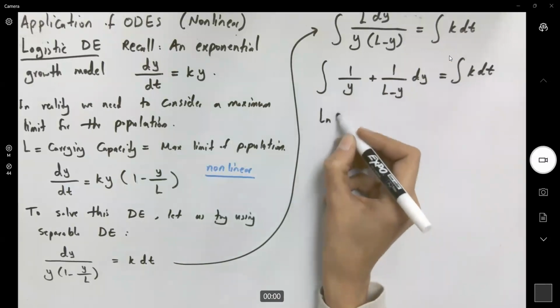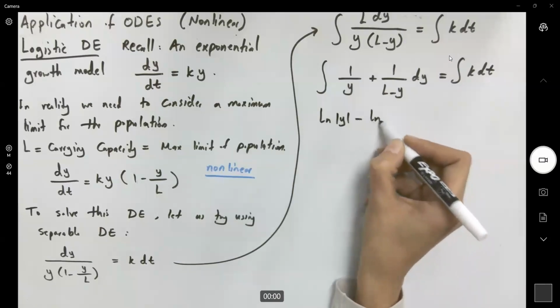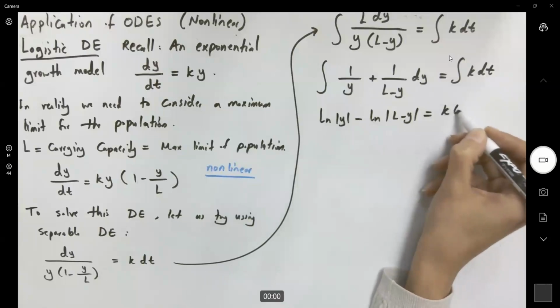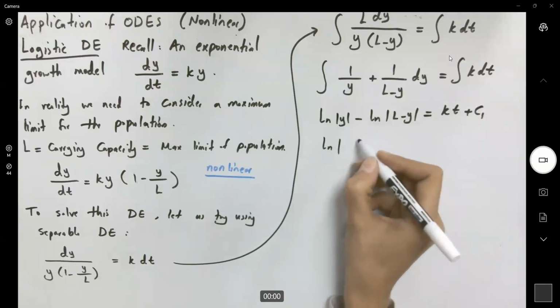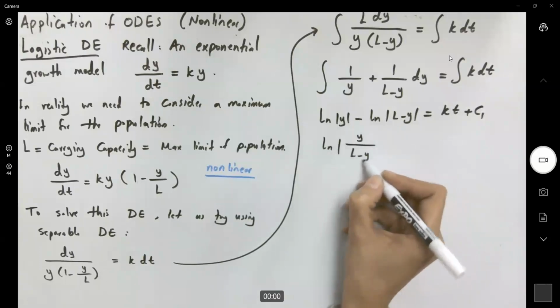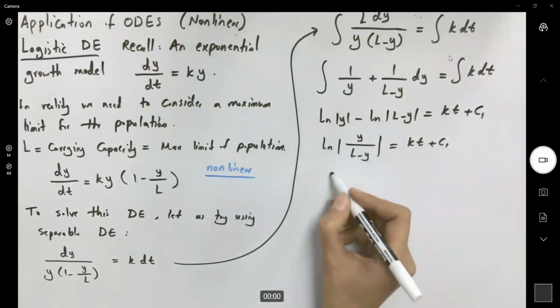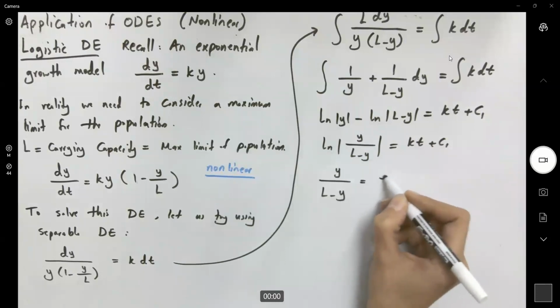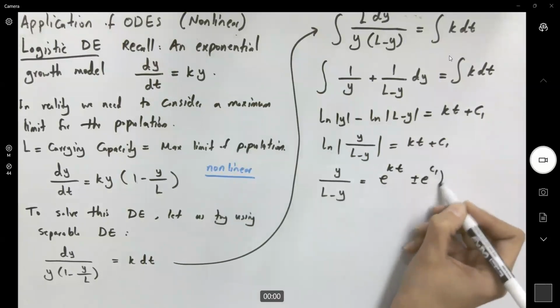We have ln of absolute value of y, and here you get minus ln of absolute value of L minus y equals kt plus a constant of integration. So ln of absolute value of y divided by L minus y is kt plus c sub 1, or y divided by L minus y is plus or minus e to c sub 1 times e to kt.